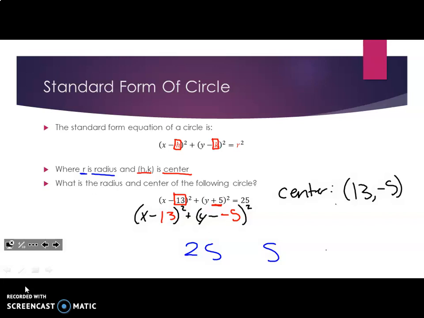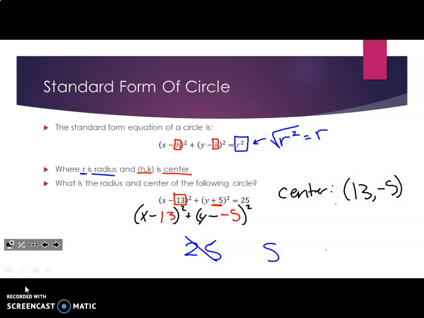The thing I want to point out for your radius is that this side equals r squared. So if I want to figure out what my radius is, it's not r squared; our radius is just r. In order to find your radius, you have to take the square root of that side of the equal sign.